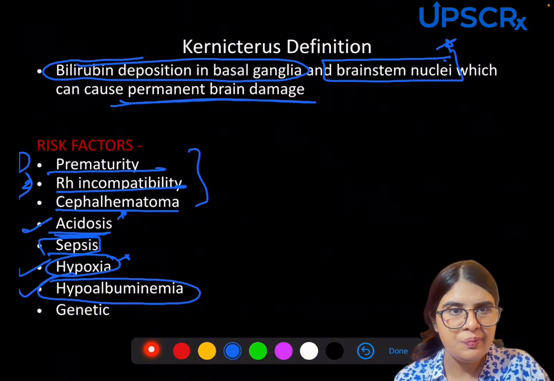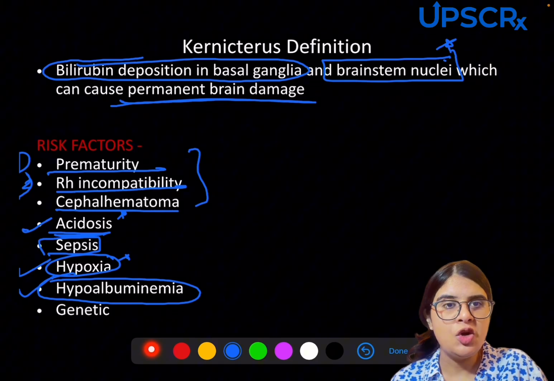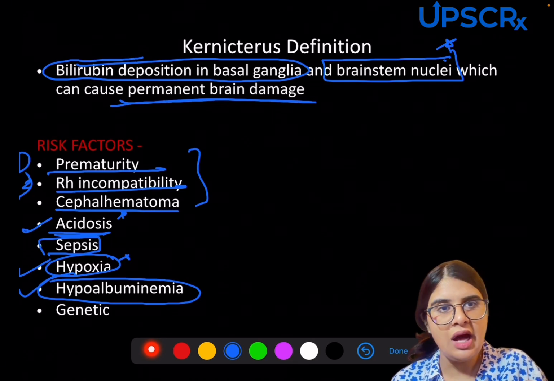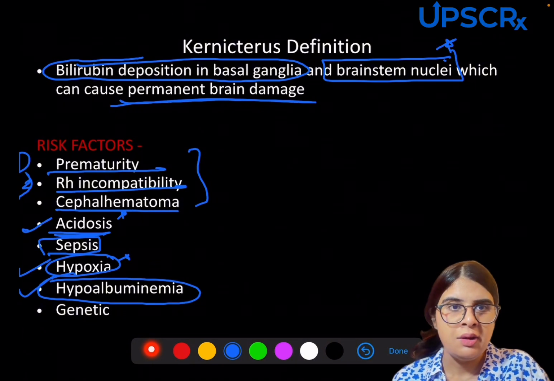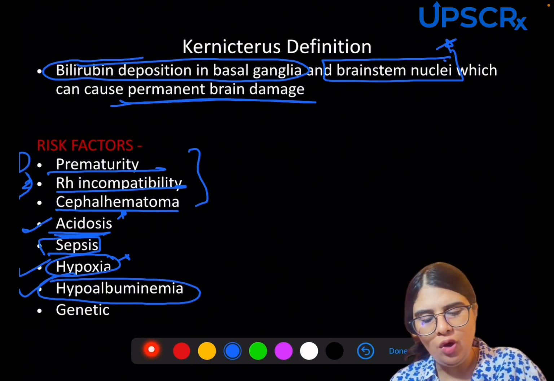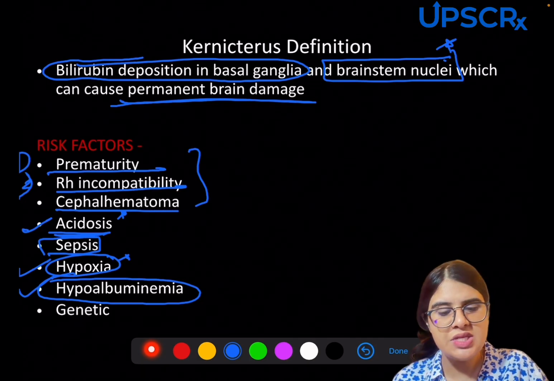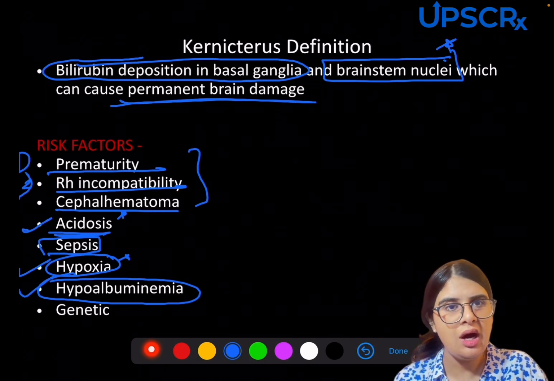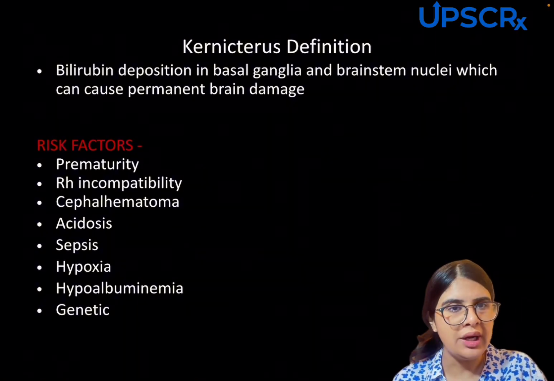Why hypoalbuminemia? Because the unbound form of bilirubin will increase. Albumin binds the bilirubin, but if there is hypoalbuminemia, the bilirubin will exist in unbound form. These all are predisposing conditions for kernicterus.